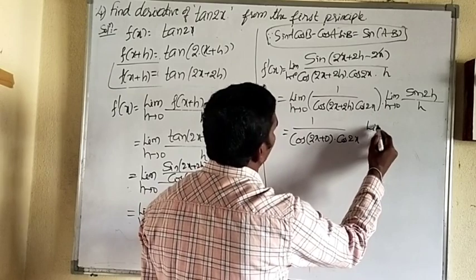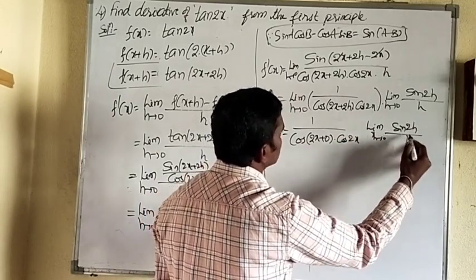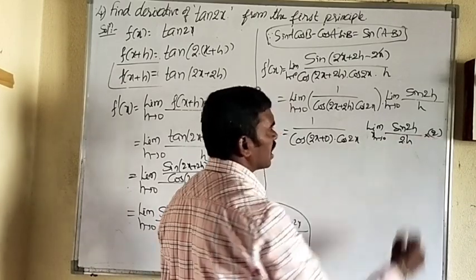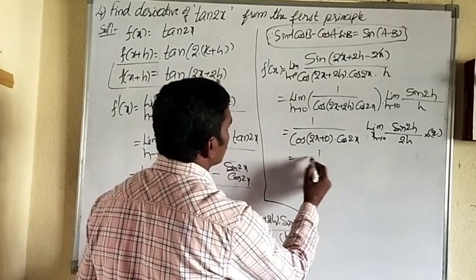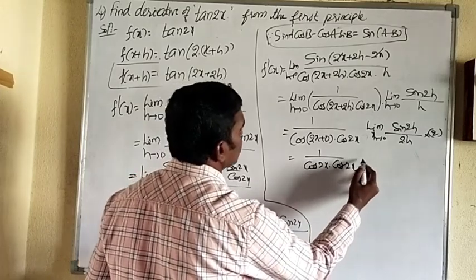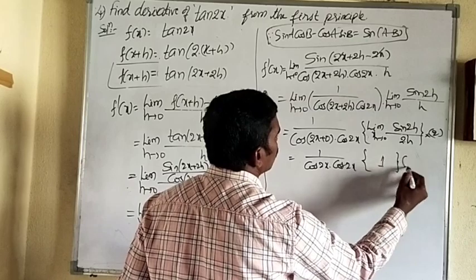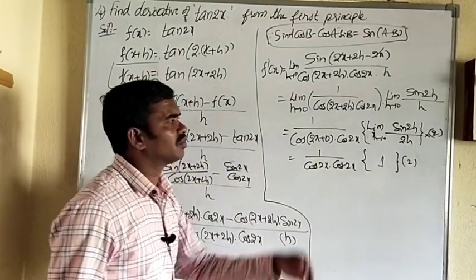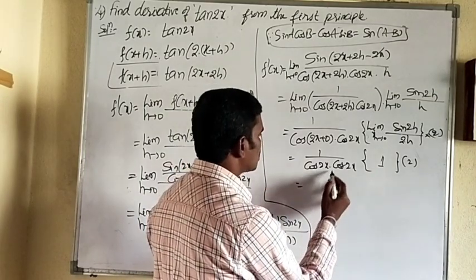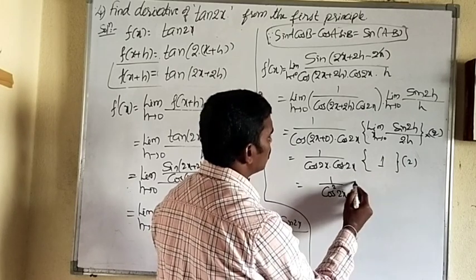And here sin 2h is there, with only h in the denominator, so 2 is necessary: 2 multiplied in the denominator and 2 in the numerator. So now it is 1 by cos 2x into cos 2x, and for the other we get 1 into 2, because sin x by x as x tends to 0 is 1. Now cos into cos is cos square, so 1 by cos square 2x into 2.